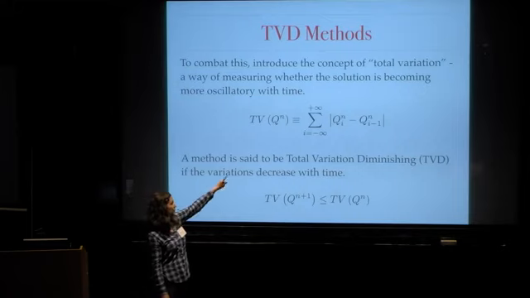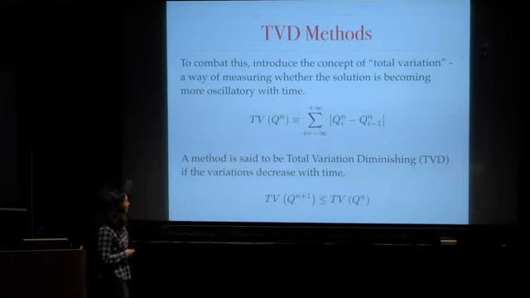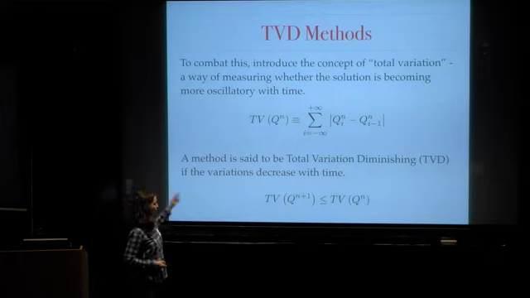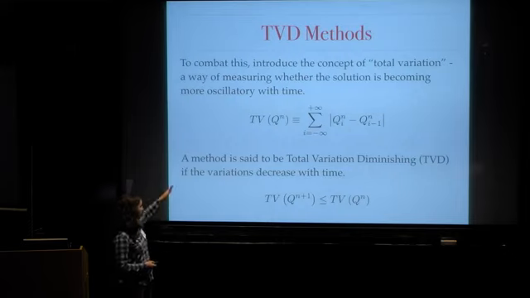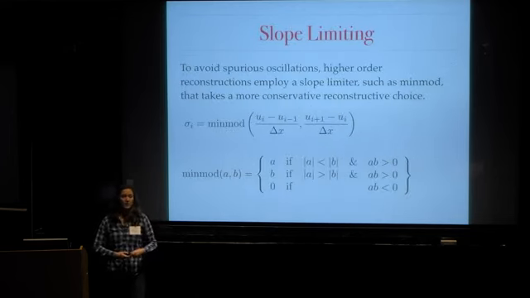So you take the solution at I minus the solution at I minus 1, absolute value, and sum over your elements, and that gives you the total variation. A method is said to be total variation diminishing, so if you've heard of TVD methods, if that value decreases with time.